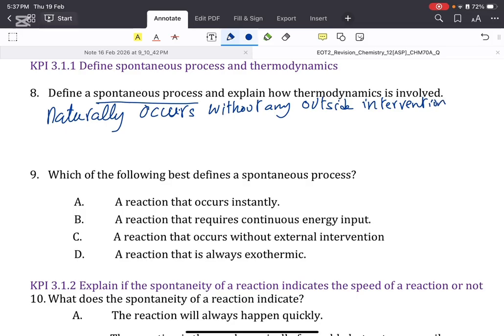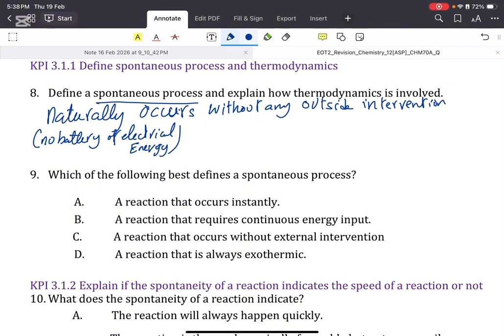And I mean by without any outside intervention, for example, it doesn't need a battery, it goes by itself. So no battery or electrical energy involved. That's an example.